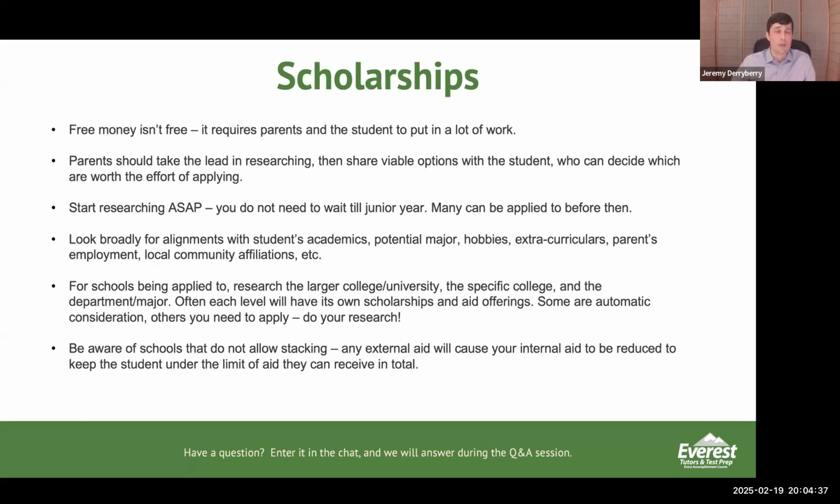You don't have to wait till they're seniors. You can actually start applying to these things now. You can start applying to them early in high school. It just depends on the scholarship type and the organization offering it.